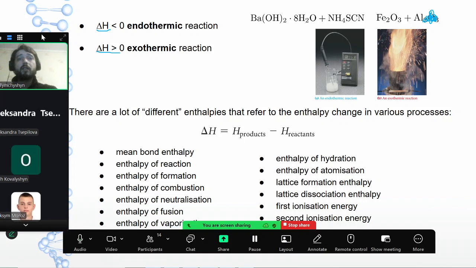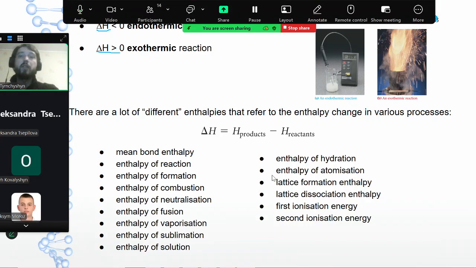Okay, and of course, since this enthalpy is so useful, we might get enthalpies of different processes, or let's say some sub-processes in the system, and we may be interested in that sort of processes or sub-processes. So what do I mean by that? For example, the enthalpy of, I don't know, vaporization. So some chemical reaction goes, and then one of the chemicals vaporizes.